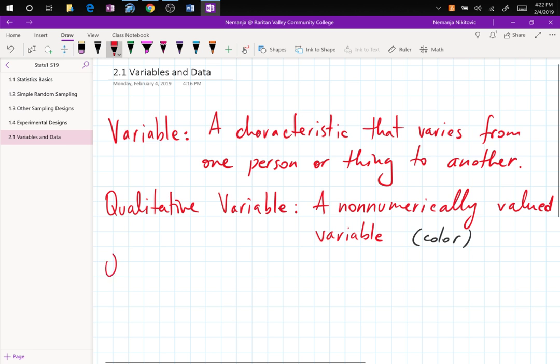Quantitative variables are numerically valued.